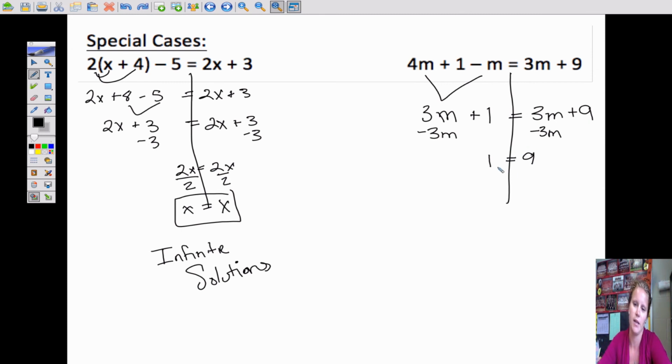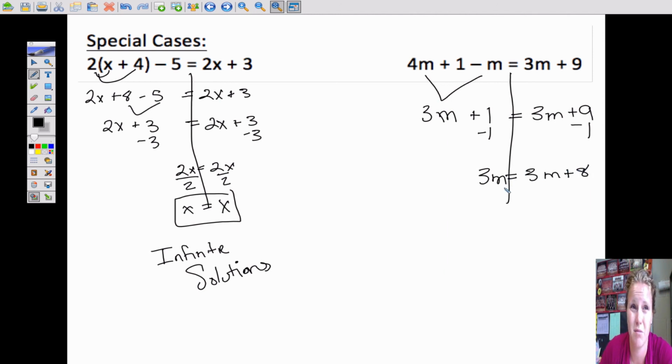And if I go back here and get rid of my 1 first, then I have 3m equals 3m plus 8. Well, what if m was 1? Then 3 equals 3 plus 8. That's not going to be true. There's nothing that will make this true. So whenever you have the same coefficient and different constants, there are going to be no solutions.